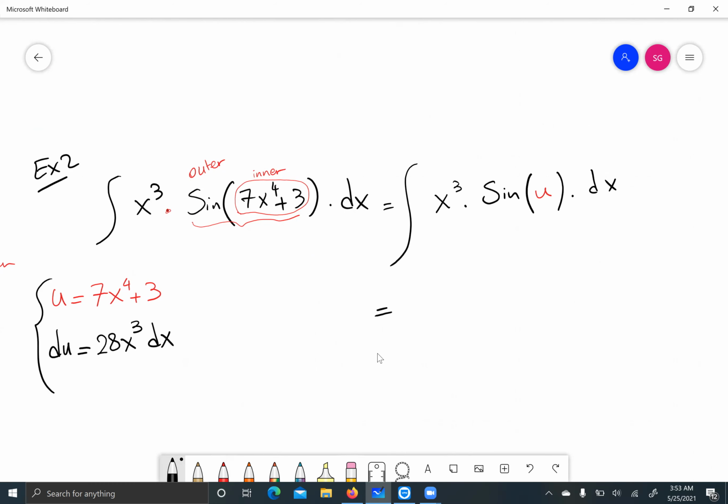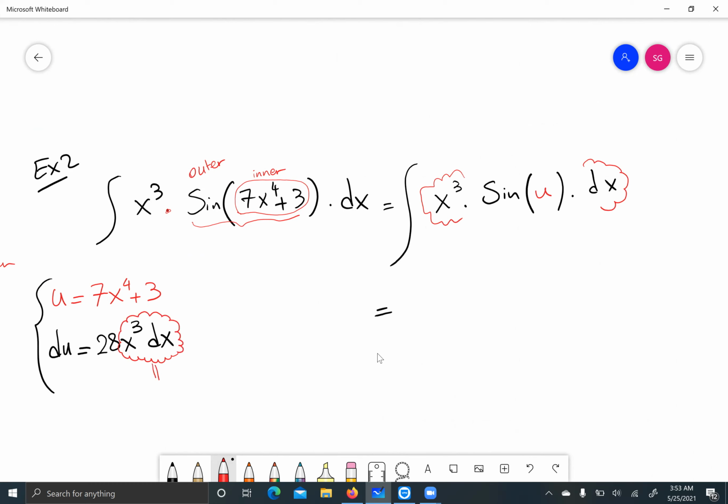The part with sine of u is in terms of u, but the part that has x cubed and dx is still in terms of x, and that's not good. We need to rewrite x cubed and dx in terms of u. But it's not difficult to do that. Look, because we have it right here: you can see the term x cubed times dx.